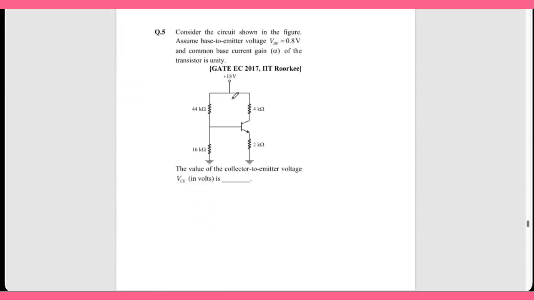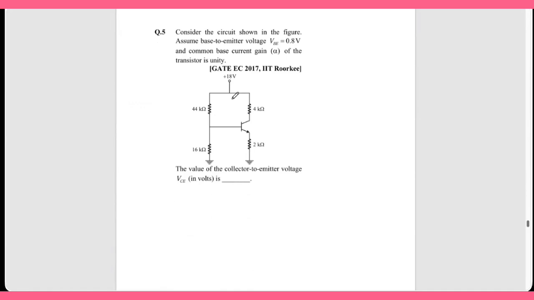Consider the circuit shown in the figure. Assume that base to emitter voltage VBE is 0.8. Common base current gain alpha of the transistor is unity.